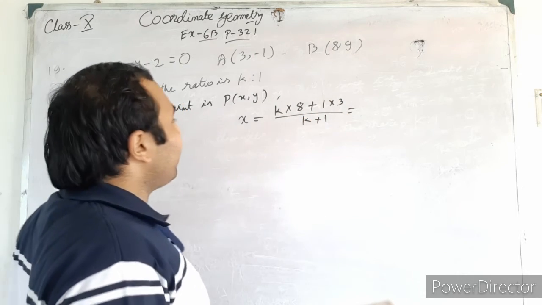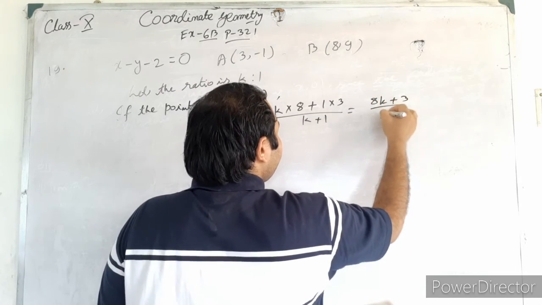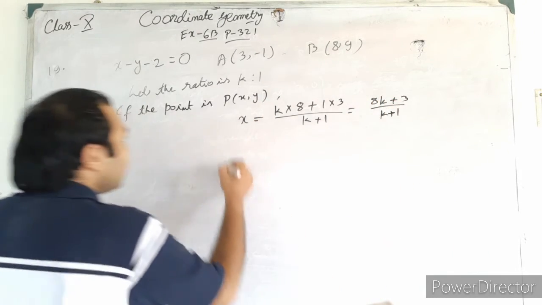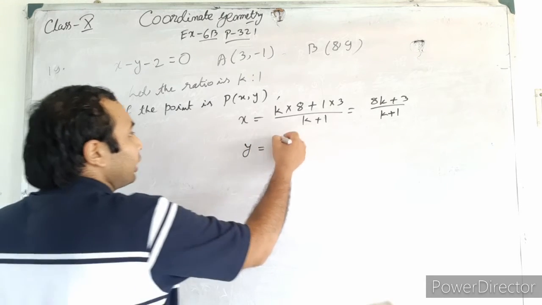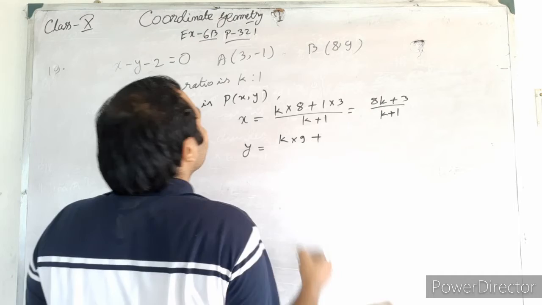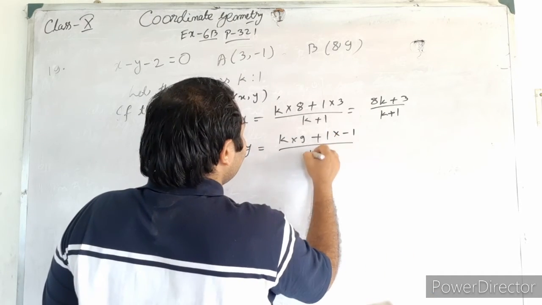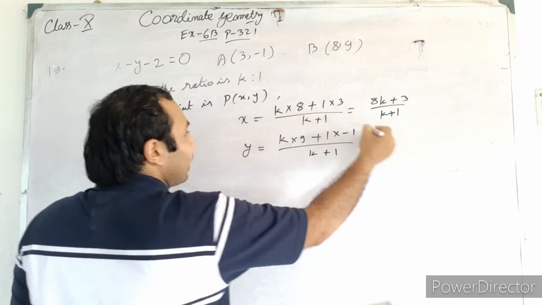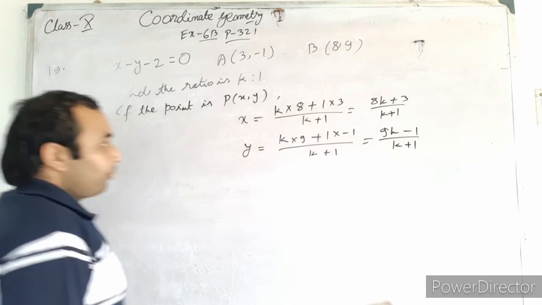That means 8k plus 3 by k plus 1. This is x. Y equals k y2, that means k into 9, plus y1, 1 into minus 1, by k plus 1, and it is 9k minus 1 by k plus 1.